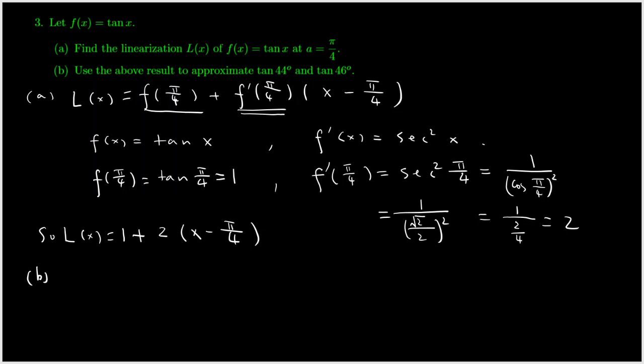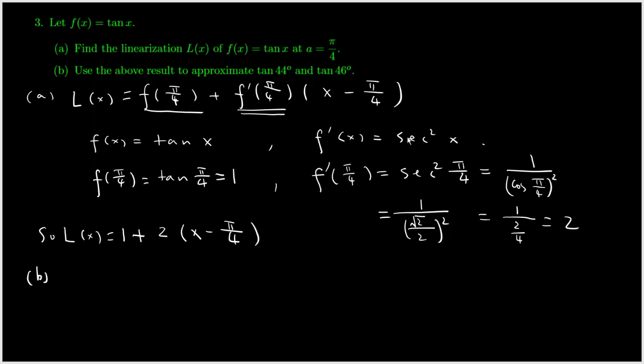Again, in calculus, we rarely use degree measurements. In almost all the cases we use radian measurements. But in question B, you're trying to approximate tan of 44 degrees and 46 degrees. So you need to convert the degrees to radians so that you can use the method in calculus.